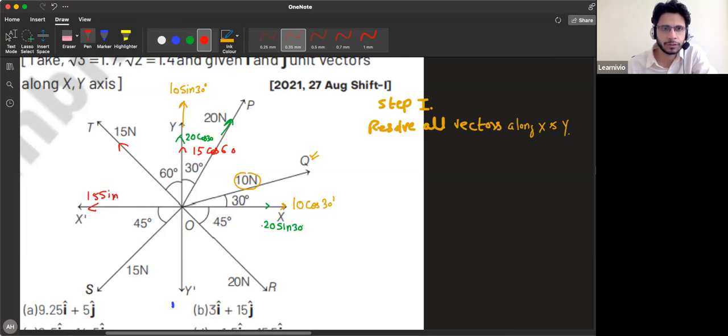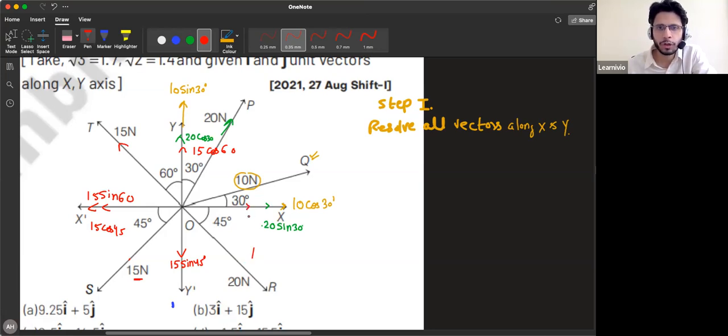Alan, component of this 15 Newton, OS, along X axis? 15 cos 45. And what about the Y component? 15 sine 45. Similarly, this is 20 Newton. Hiba, now you should try.